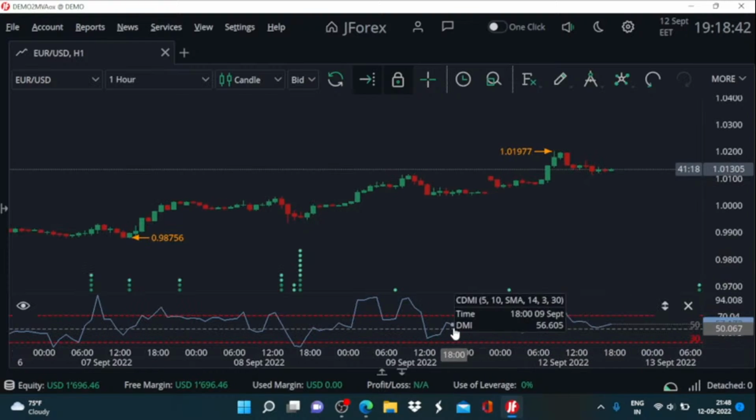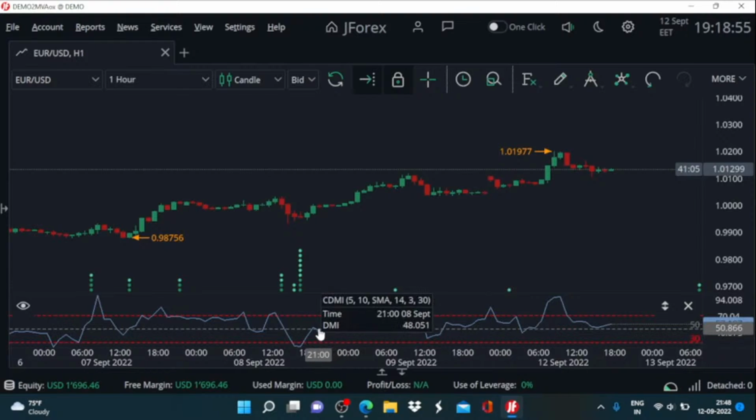Now, the 50 line can be utilized as a critical marker. When we have a crossover market signal, we can utilize it to take the trade as well. One simple way to utilize this indicator is to look for a crossover from one side to another.